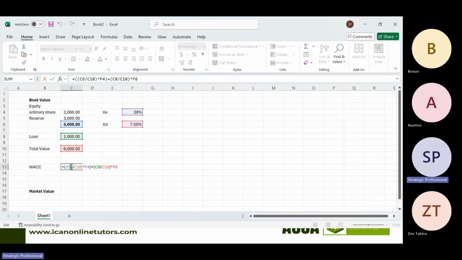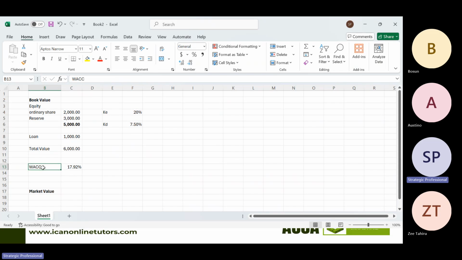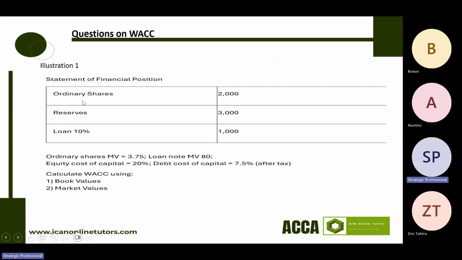So in the question, you will notice they said we should get the book value and the market value, right? The one we calculated is the book value. And why is it book value? Like I said earlier, this statement of financial position is what is in the company's books at the moment. It's not reflective of market conditions.